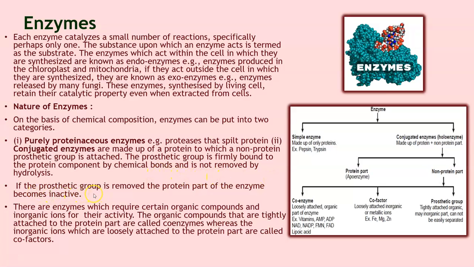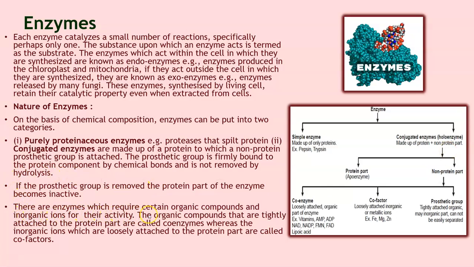If the prosthetic group is removed, the protein part of the enzyme becomes inactive. Have a look at this image here. This shows a schematic representation of the classification of enzymes based on their nature. You have simple enzymes which are made up of just proteins, and then you have conjugated enzymes which are made up of protein and a non-proteinic part.